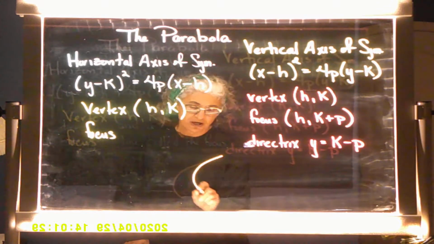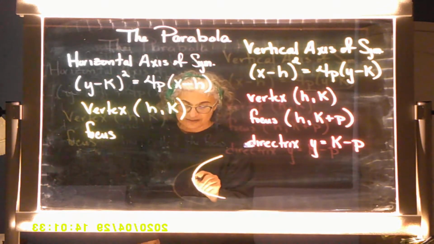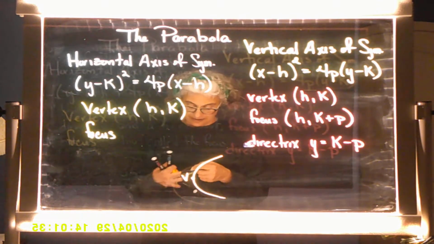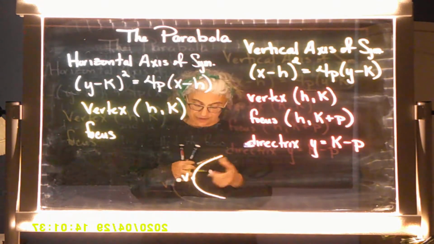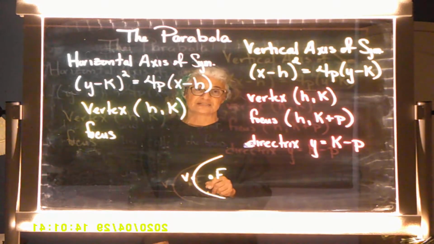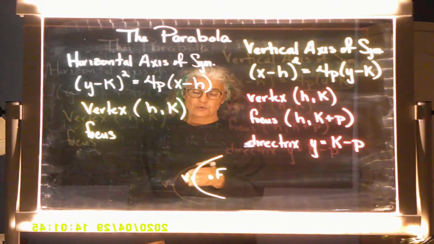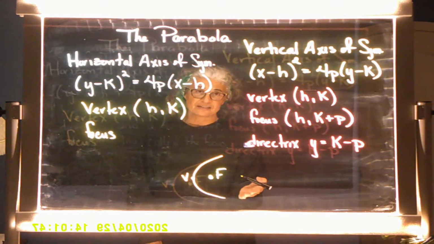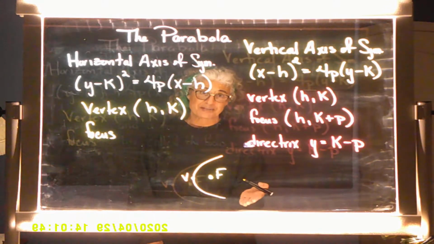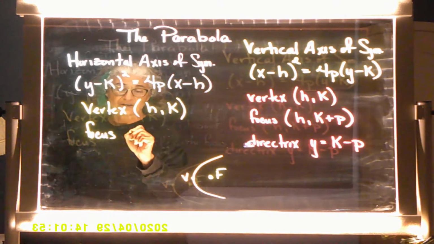I'm just going to draw a parabola going that direction. And if this is my vertex, my focus is located inside, which means my focus would be located here, isn't it? So if my focus is inside, which coordinate is being affected? Yeah, the x is being affected because it's either going to go left or it's going to go right.